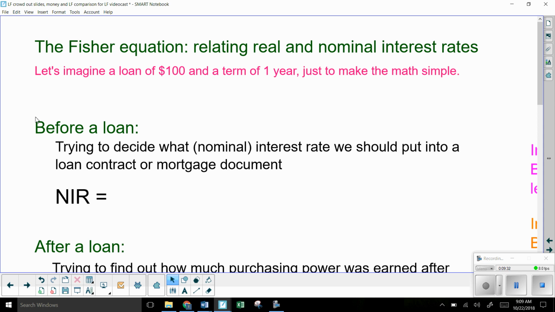Okay, so if I was going to lend you money for a year, I would think to myself, well, I better charge some interest. And there'd be some reasons why that we can unpack a little bit later. But the purpose of my thought process at this point is to say, what interest rate should I charge you for that $100 loan for 1 year?